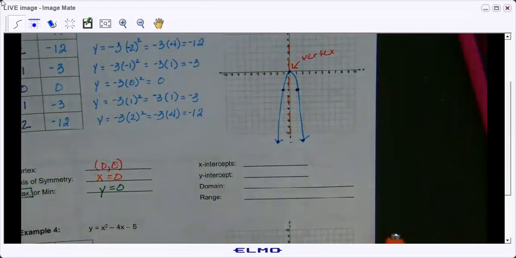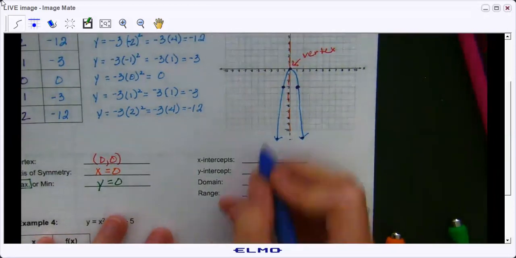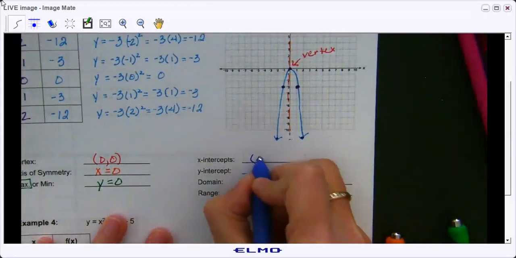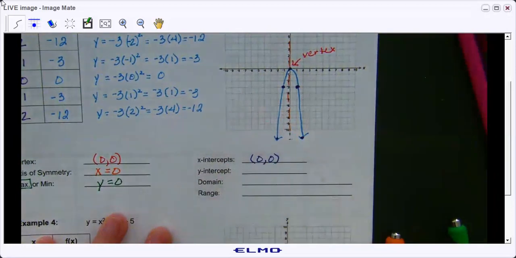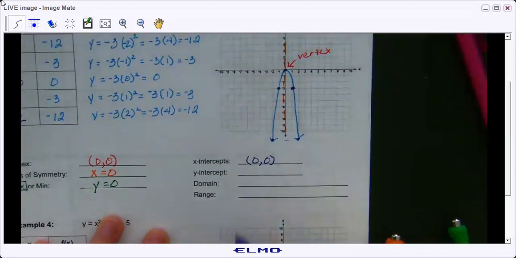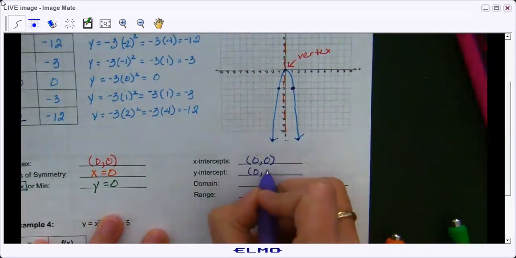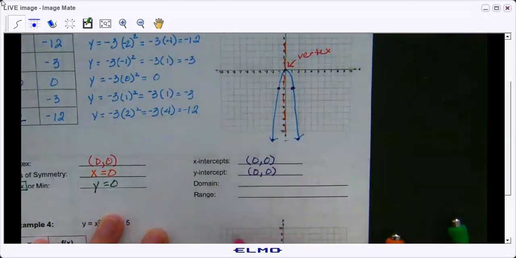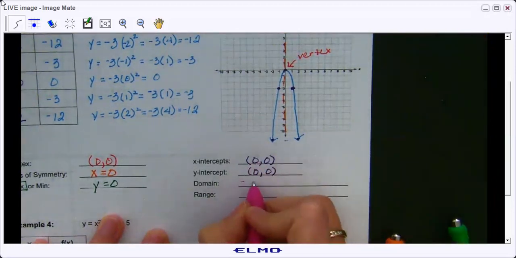All right, our x-intercept is 0, 0. What's our y-intercept? 0, 0. What's our domain? Negative infinity to infinity. Yep.